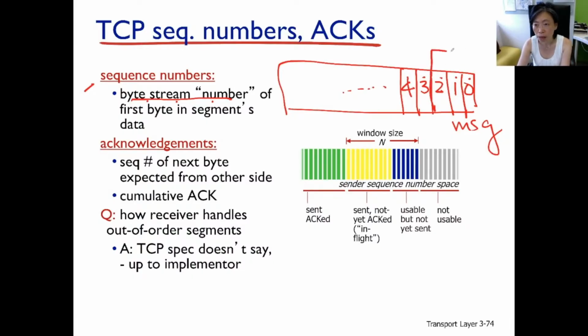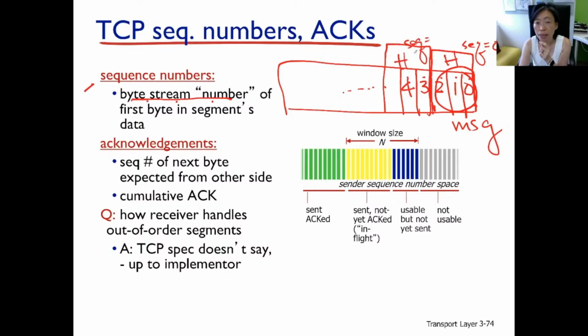Let's assume that in the first segment, it contains only 3 bytes of the data. So in the header here, the sequence number is going to be what? Oh, the byte stream number of the first byte of data, which is 0. For the second packet, in the header sequence number field, what should be the value?